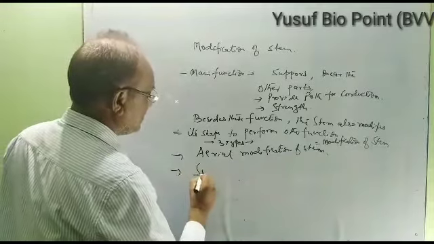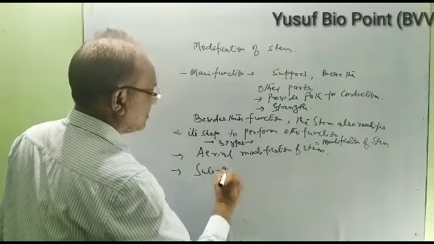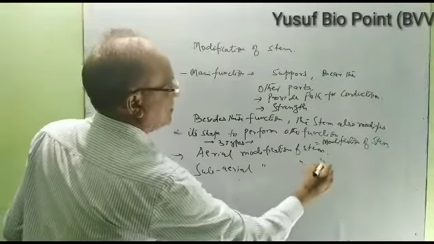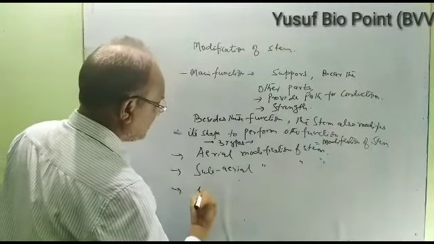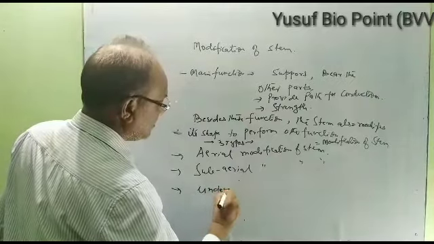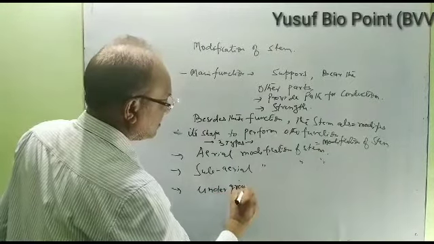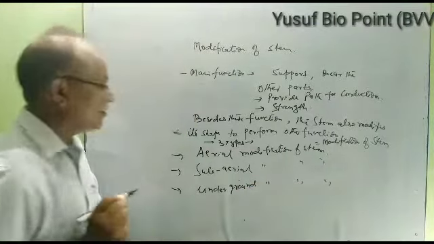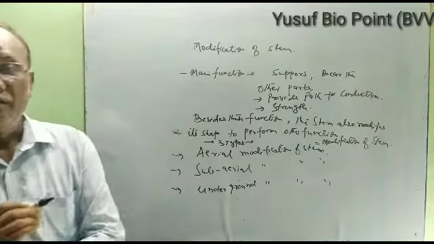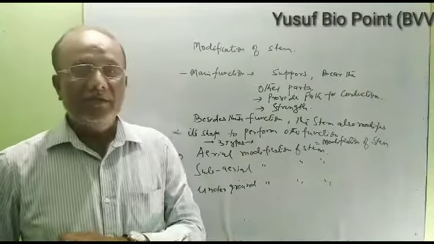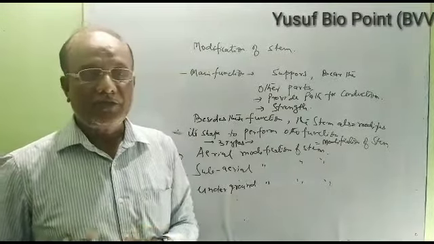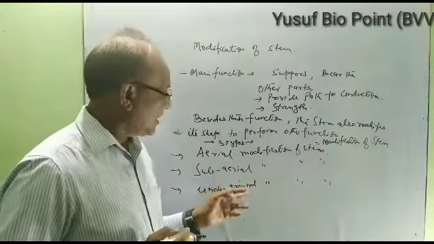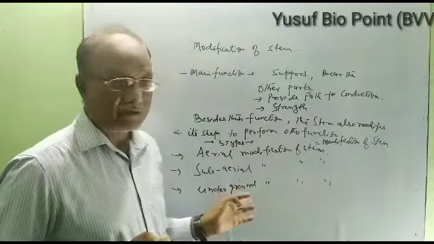Second one is subaerial modification of a stem, and third one is underground modification of a stem. So we divide the modification of a stem into three types: one is aerial, one is subaerial, and third one is underground.